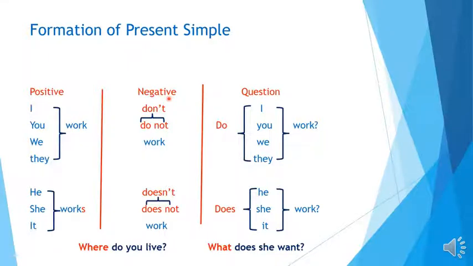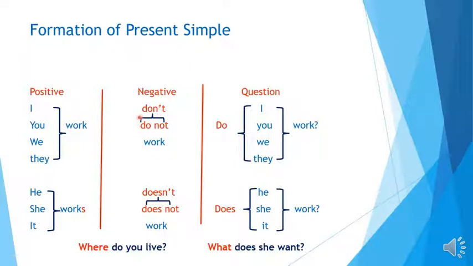Okay, you can use the same pronouns, but the negative form is actually done using do not. Do not. You can have the contracted form of it, don't. Okay, don't. You say I don't work.